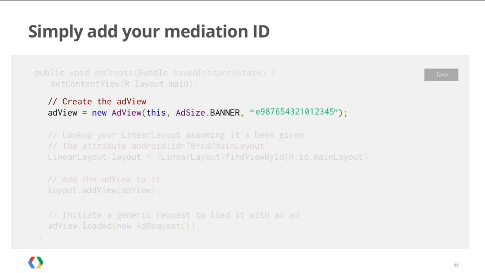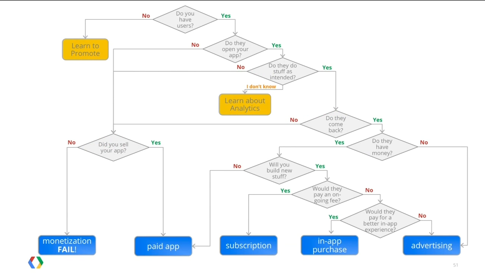Mediation is a nice way to optimize your ads once you've figured out where they should go and how they should best interact with your users. There's a lot to think about here, right? We want to help you make money.